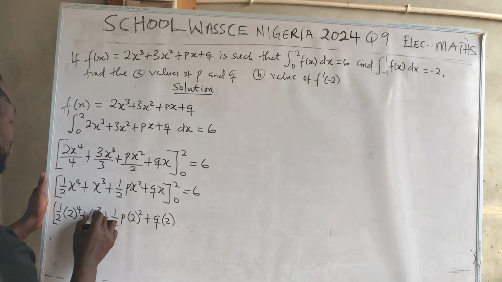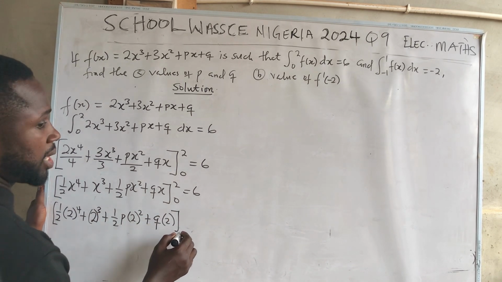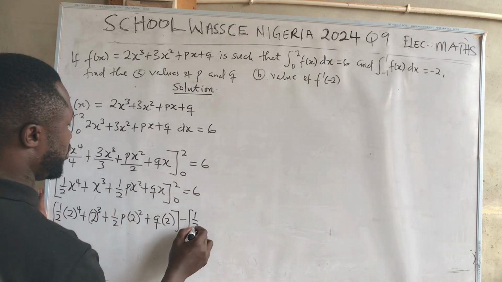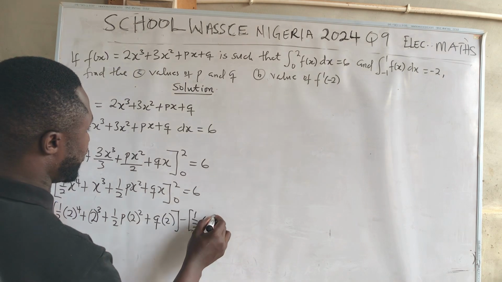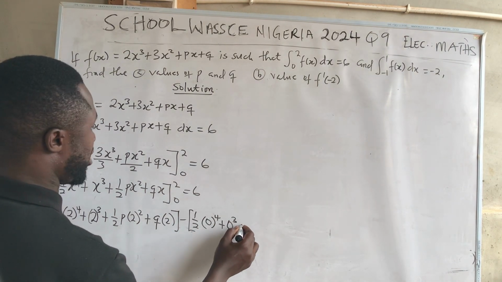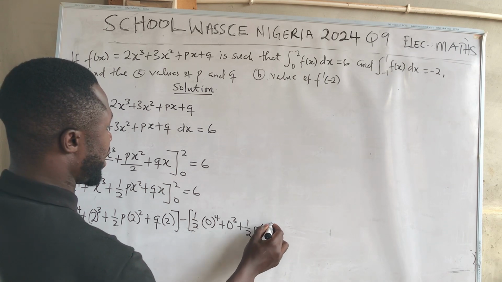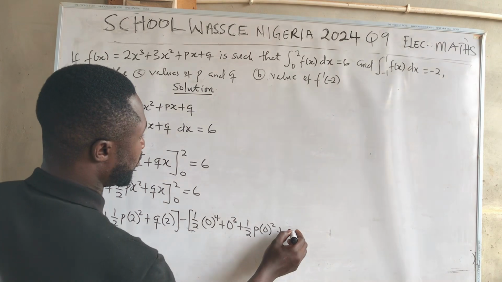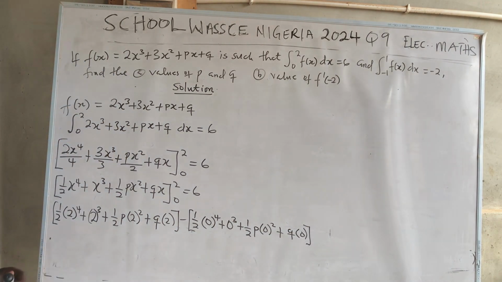So we have substituted 2 to wherever we see x, minus, then we substitute 0: 1 over 2, 0 exponent 4 plus 0 exponent 3 plus 1 over 2p, 0 squared plus q, also multiplying 0. Okay, so this is what we have.